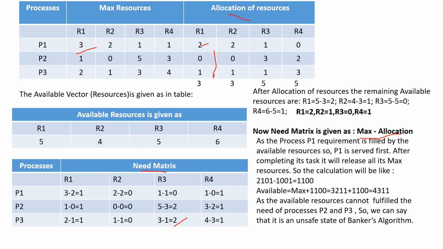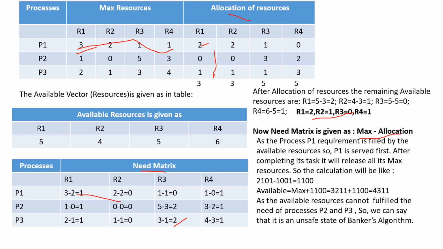How? Because after satisfying the need of process P1, it will terminate and release all its maximum resources. What are the maximum resources of process P1? 3211. So it will release these resources, and after releasing, they will be added to the leftover available resources. So the leftover available resources will be calculated as 2101 minus the need which is allocated.